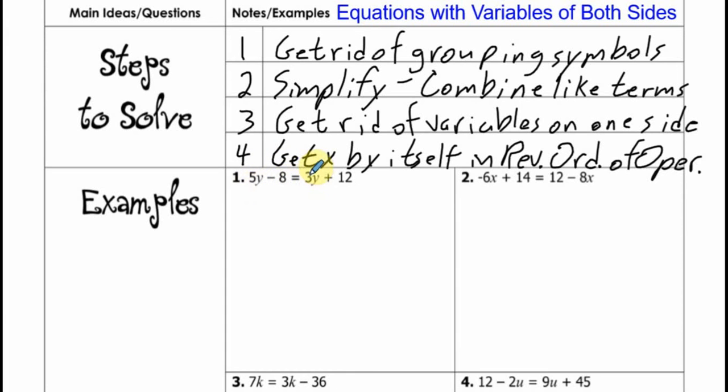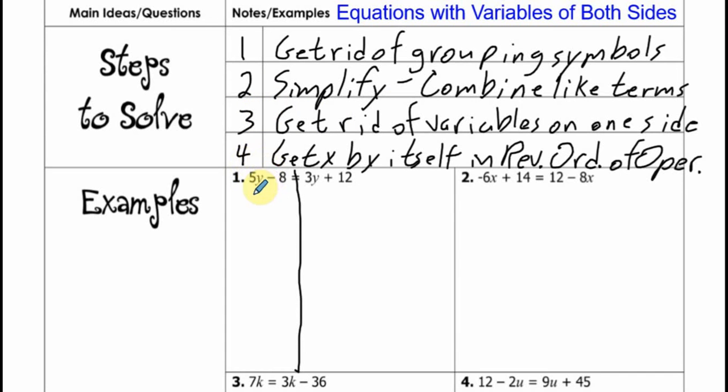No like terms. Right side, 3y plus 12. Some people, it helps when they start solving equations if they draw this vertical line down. Don't have to. I'm just trying to show things different ways. So now our step 3, get rid of variables on one side.